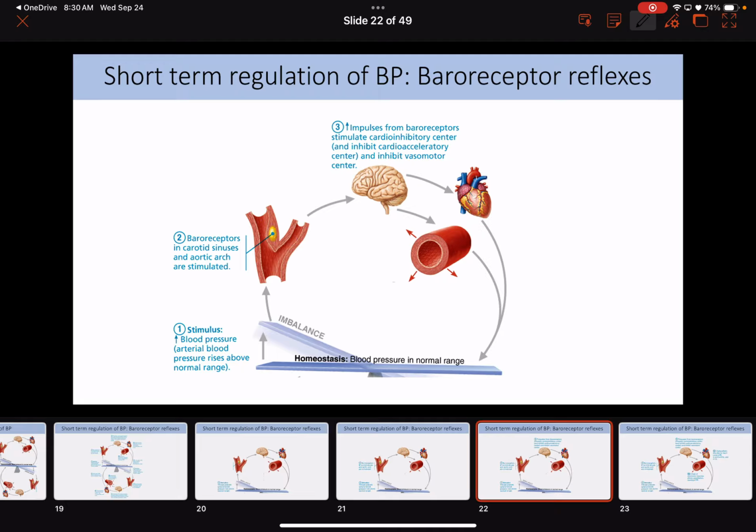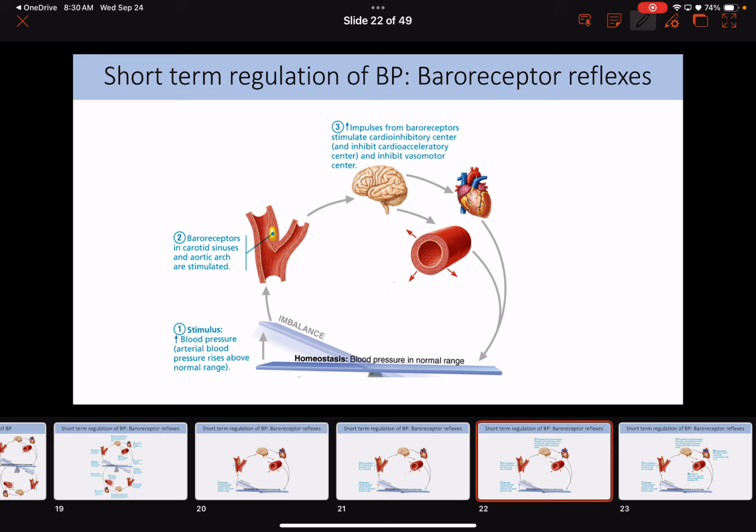But at the same time, we are inhibiting the cardioacceleratory center. We want to increase the work of one while decreasing the work of the other. So we want the cardioinhibitory center to be the main player at that time to slow down the heart, and we're going to limit the activity of the cardioacceleratory center, if that makes sense.